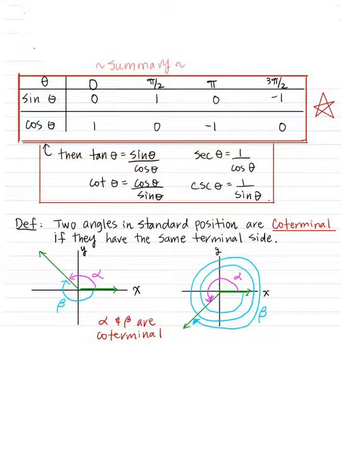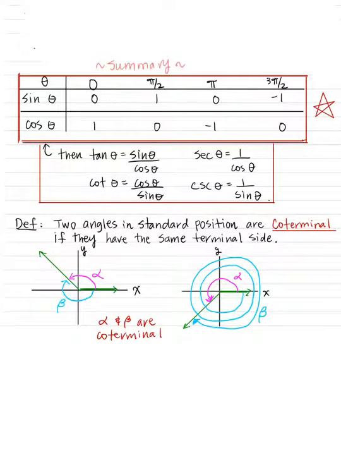Okay, so now let's go with the new definition. The definition is: two angles in standard position are coterminal if they have the same terminal side. I'm drawing you two pictures there. Let's look at the first picture, alpha and beta. Alpha and beta are coterminal because they both start out from the same initial side.